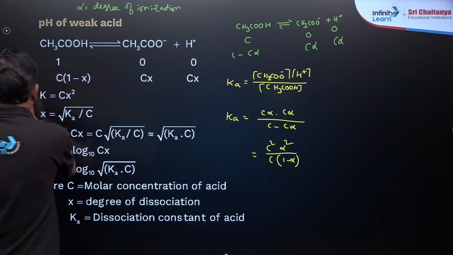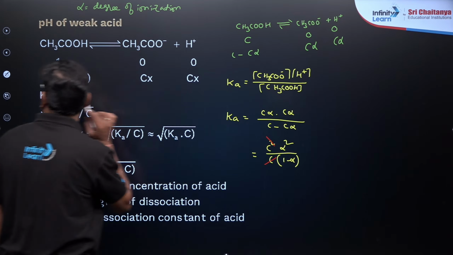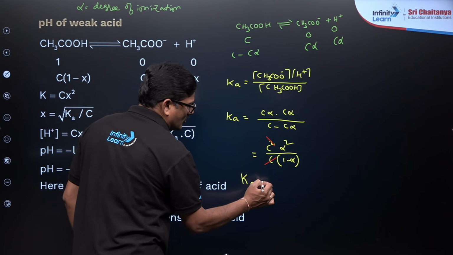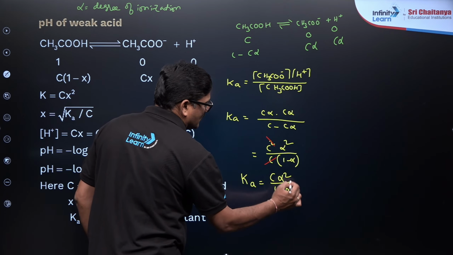Now I just want to cancel the concentration over here. So I just want to say here Ka is equal to C alpha square by 1 minus alpha.